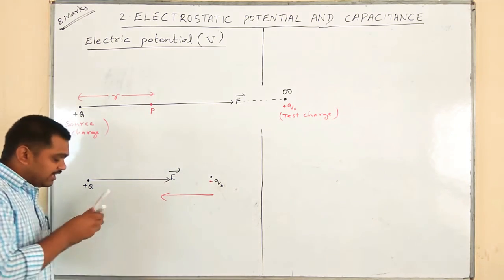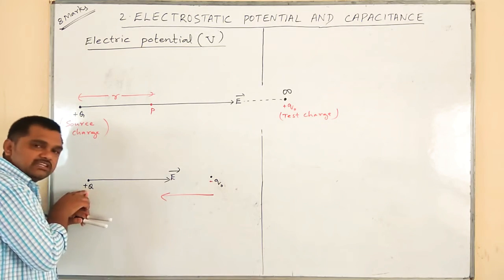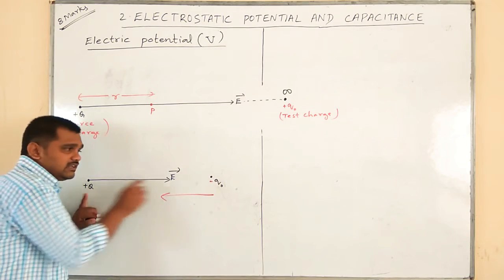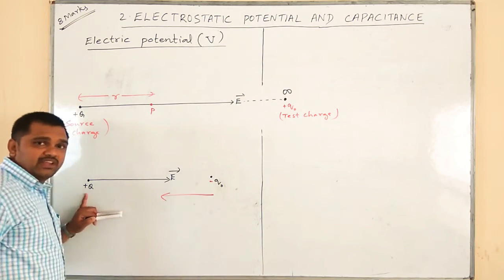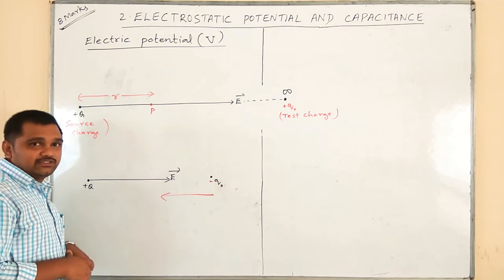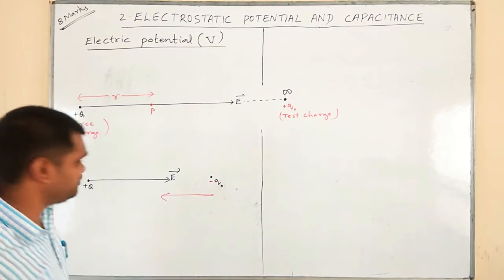Therefore, in order to talk about that work, if here is a positive charge, we have to take the positive test charge. If here is a negative charge, then we have to use a negative test charge. But people always used to take the positive charge. Let's be positive. So actually this is the meaning.